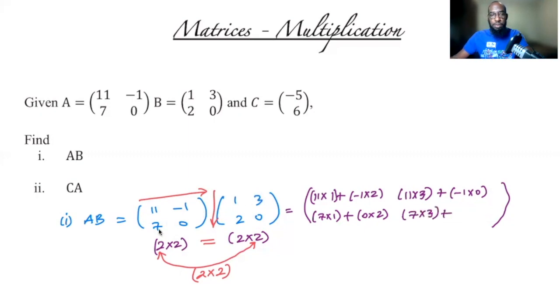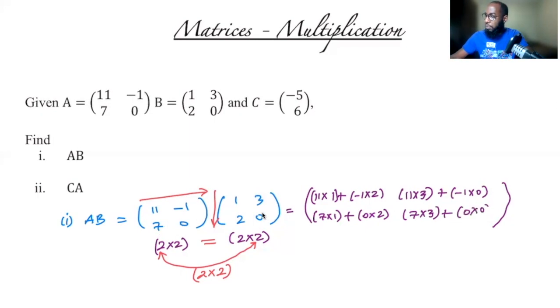Always plus, so 7 by 3 plus 0 by 0. All right, so 7 by 3, right? First with first. Then we went across, we have 0. So 0 by 0, because when we went down, that spot. All right, first with first, second with second.